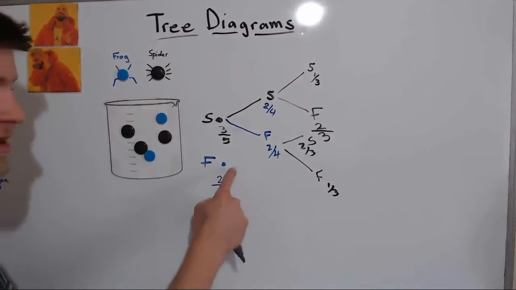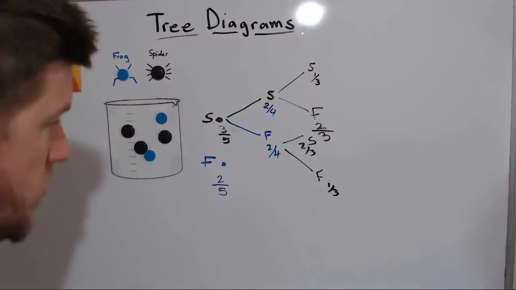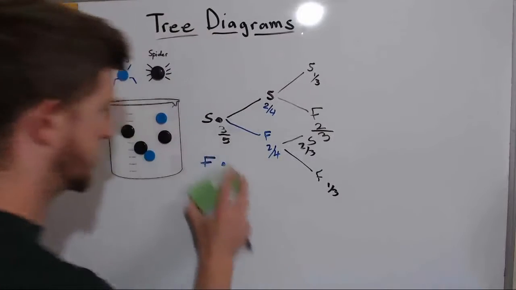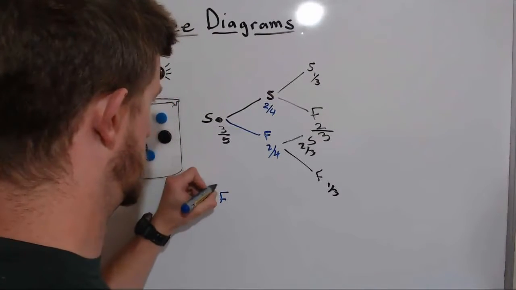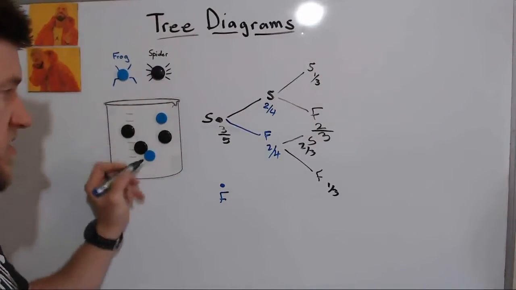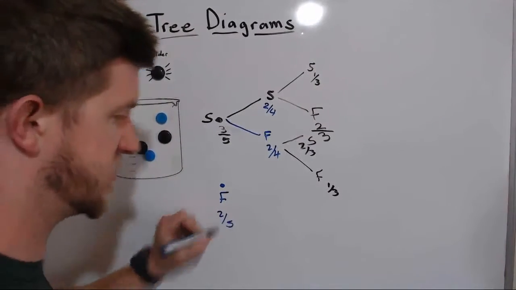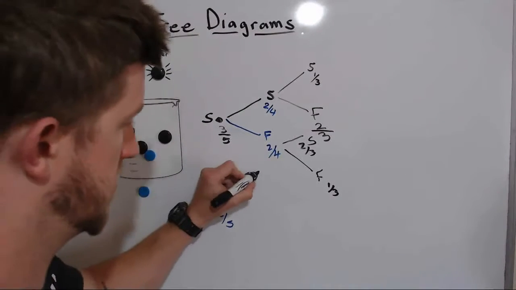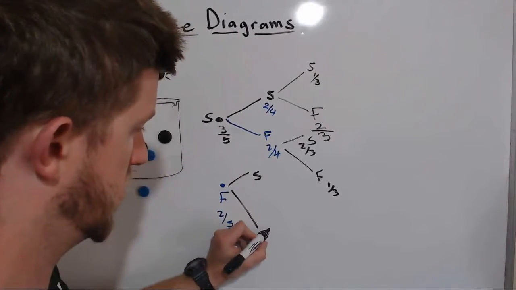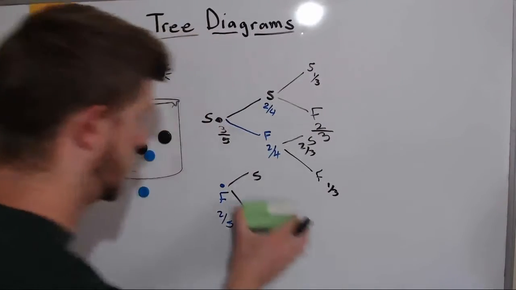If I drew a frog in my first draw, and let's move this down so we've got a bit more space, we said that was still a 2 in 5 chance originally. I've drawn a frog. Now what are my options? I can either draw a spider or I can draw another frog.